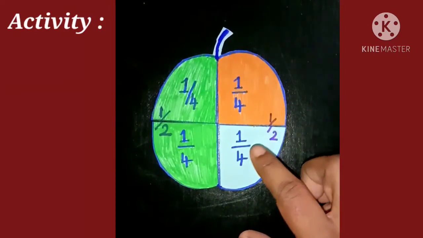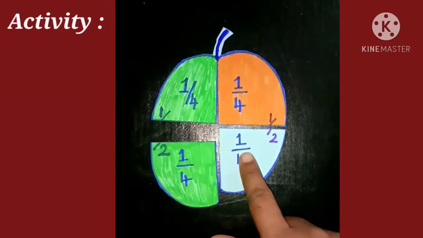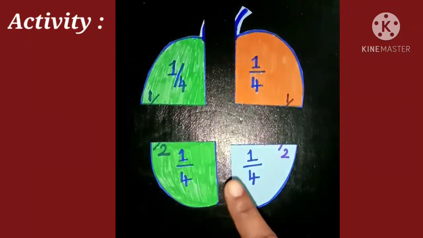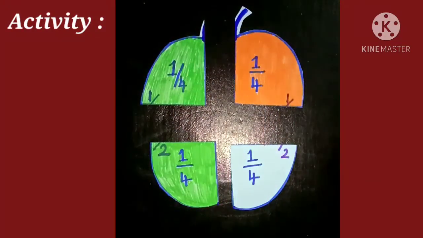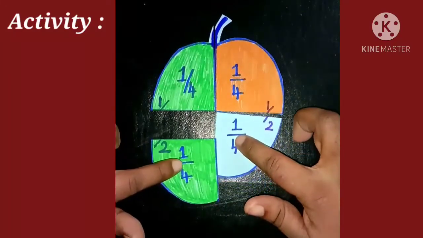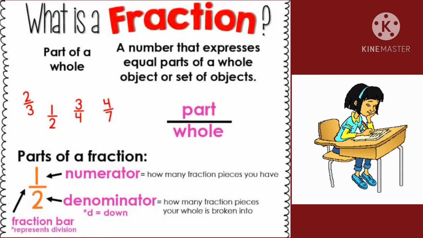Two half apples make one full apple. And 1, 2, 3, 4. 4 quarter, or 1/4, 1/4 apples make one full apple. Children, I hope you all are clear about the topic fraction.